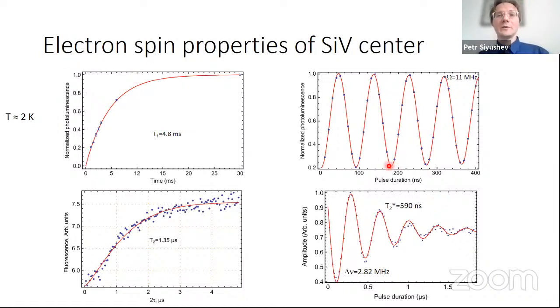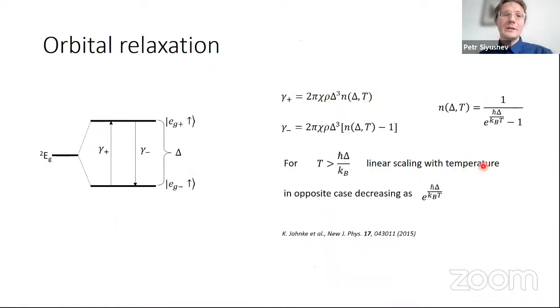So what's the reason for such poor spin properties? The reason is that, for example, for silicon vacancy, the orbital splitting is approximately 50 gigahertz. And in units of temperature, it corresponds to around 4 Kelvin, which means you have a maximum phonon occupation at this frequency.